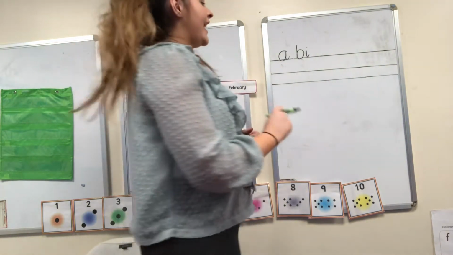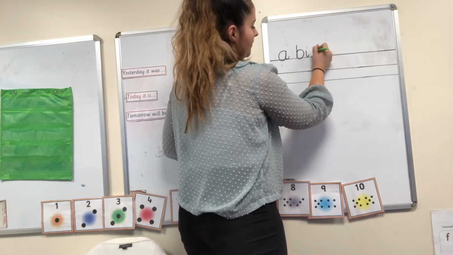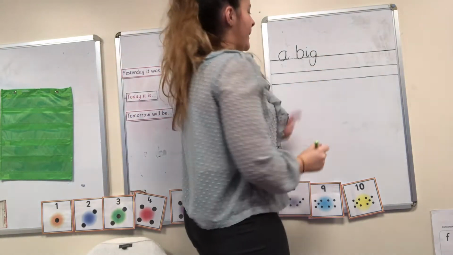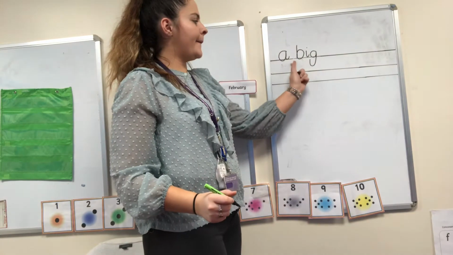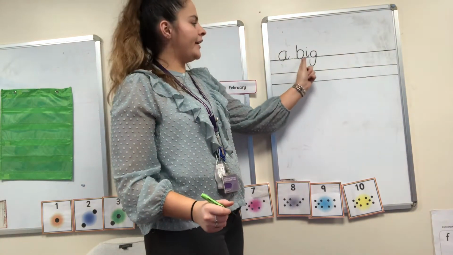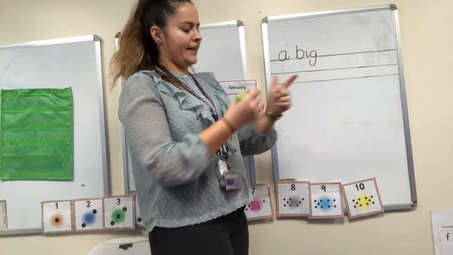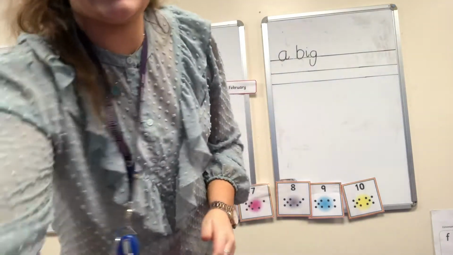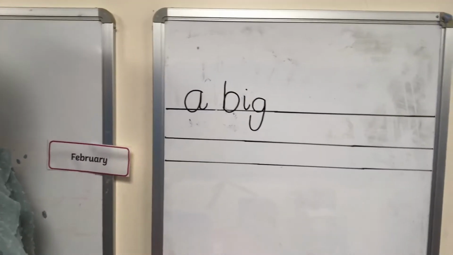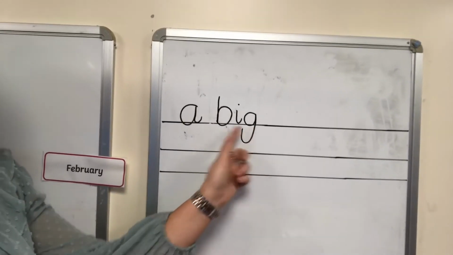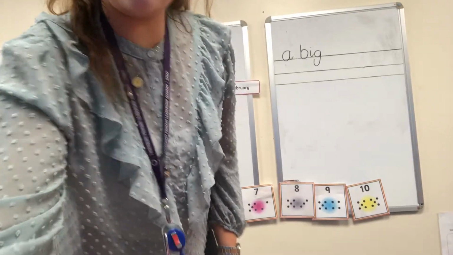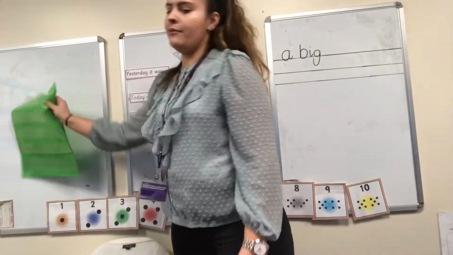Our next sound is G. Big. Let me bring it closer so you can have a little look. Well done. Now what I'm going to do is I'm just going to cover the word.